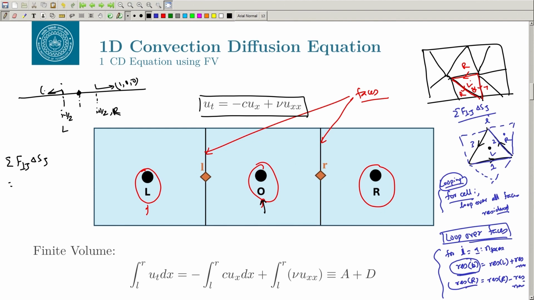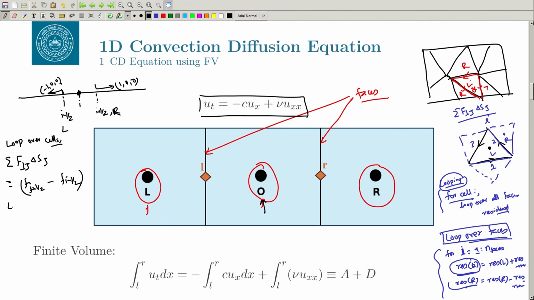So, this will be minus 1 0 0, right, and then if you add that up, basically this is f i plus half minus f i minus half, right. This is for particular cell i. So, this is looping over cells, and you will be looping over all the cells from i equal to 1 to i equal to n.